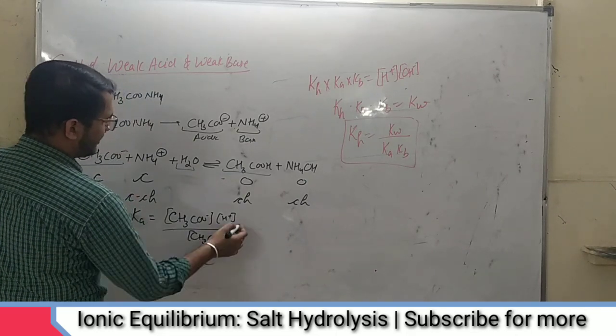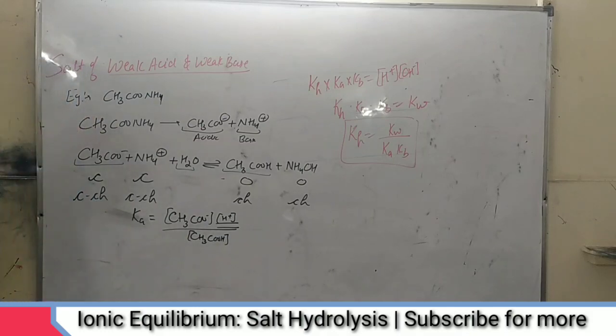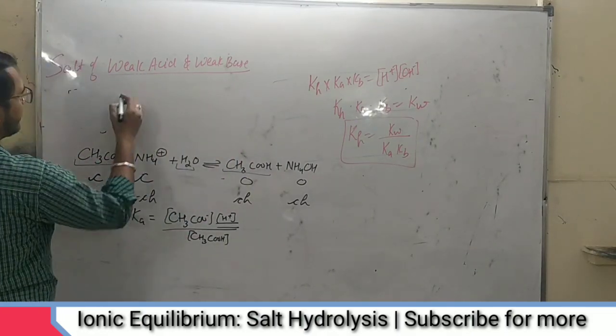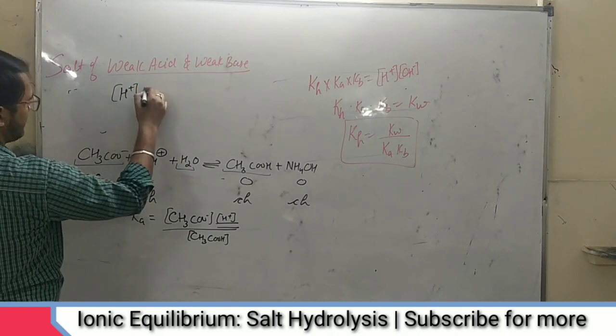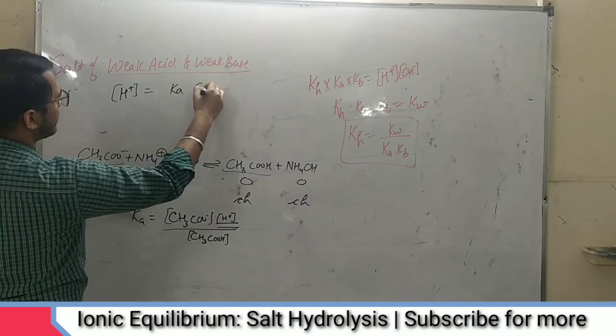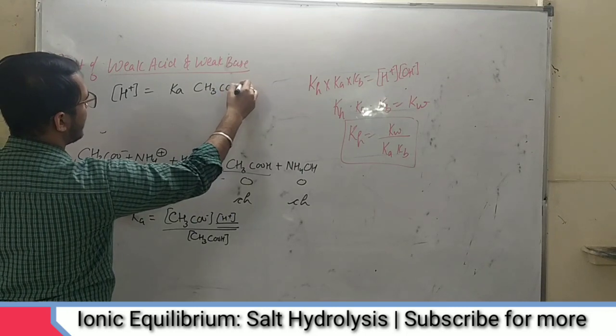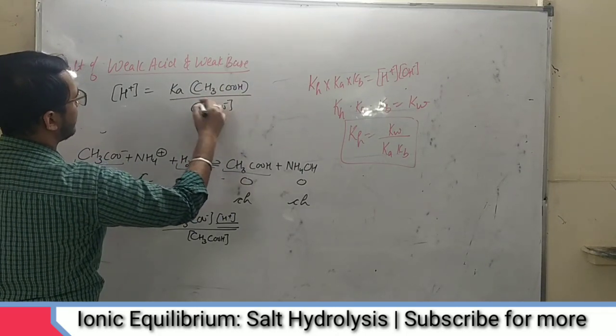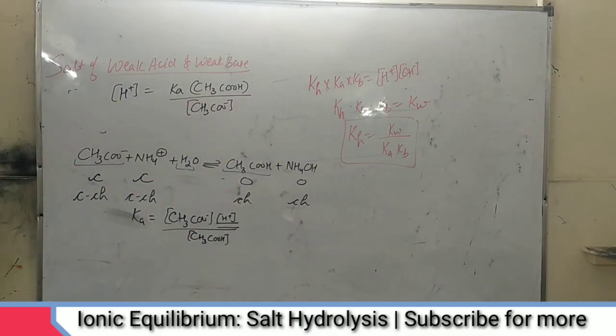And if I have to write that in terms of H positive, it will come out to be that H positive is equal to Ka into CH3COOH upon CH3COO negative.